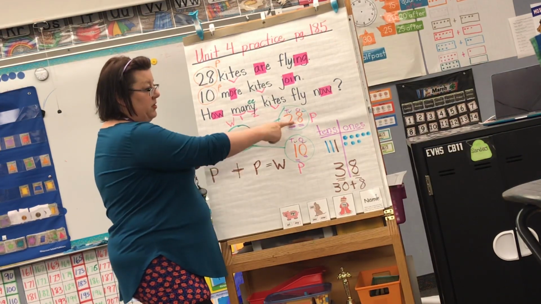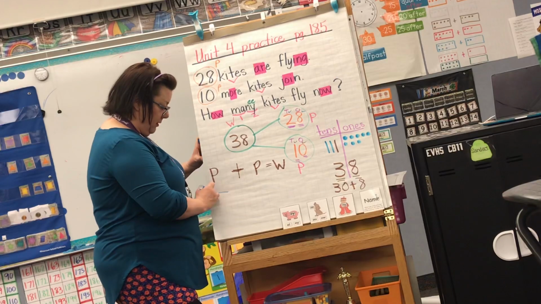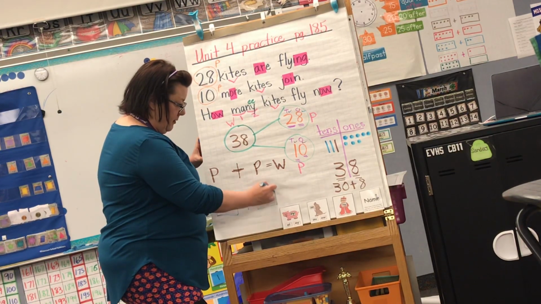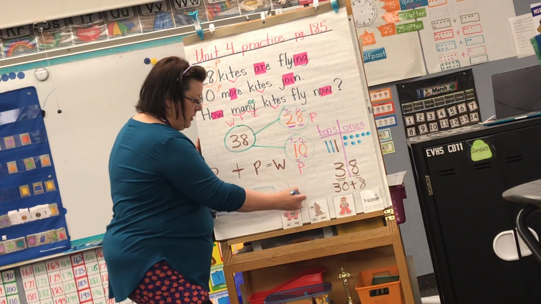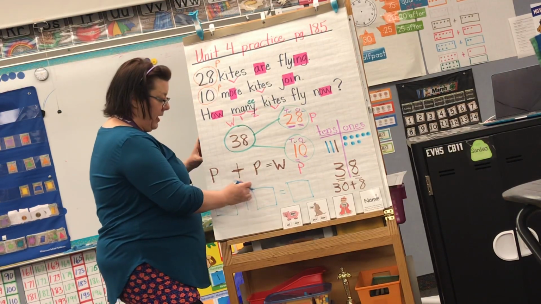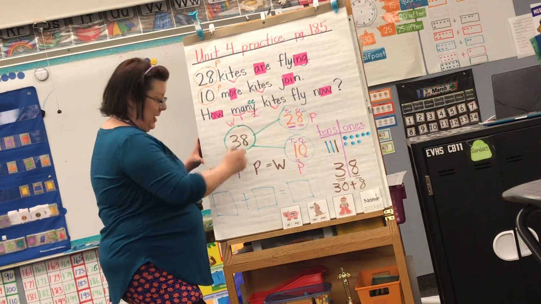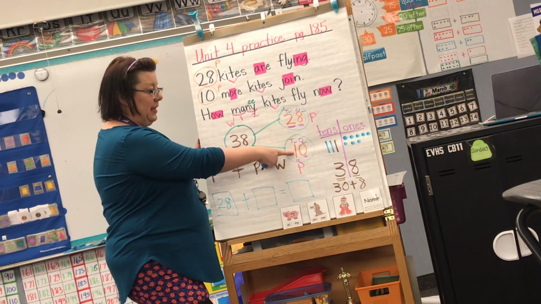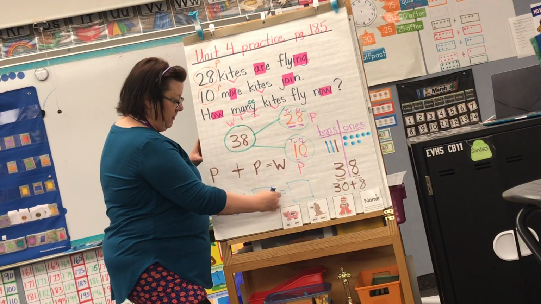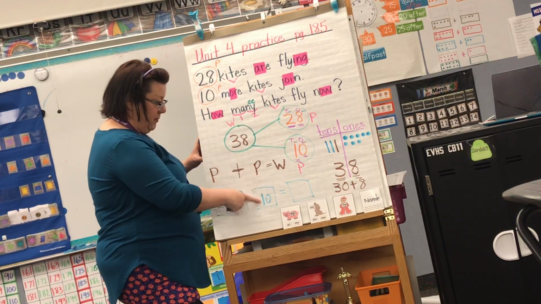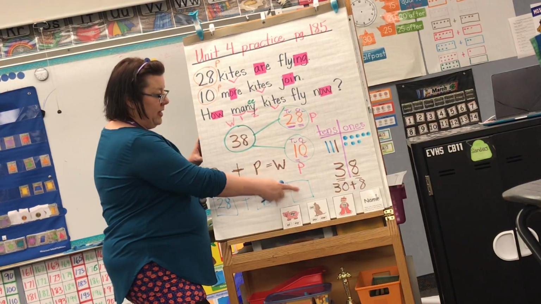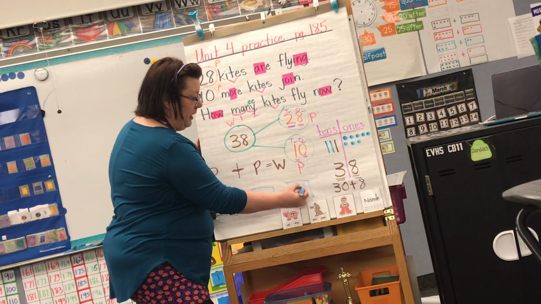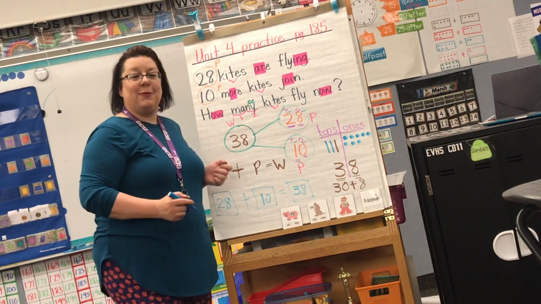So just like a puzzle, I have blank plus blank equals blank. I'm just going to fill that in. My first part is 28. My second part is 10. Okay? That's my part. This is my part. And my whole, or my total, goes down here. 38. Okay? So that's our first starting problem.